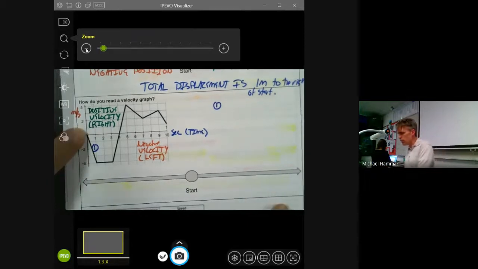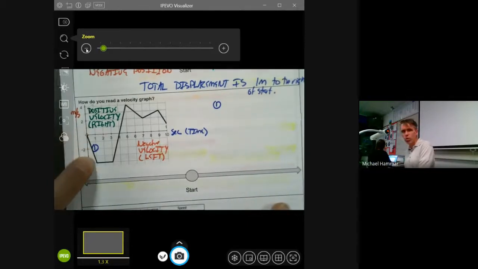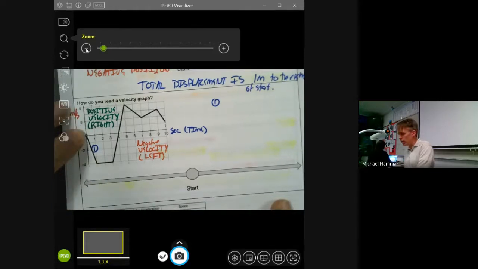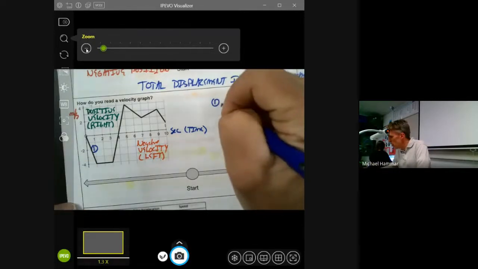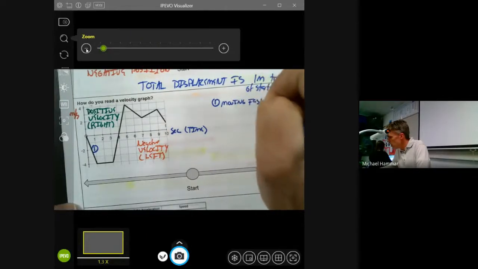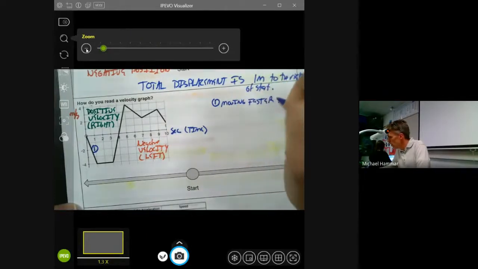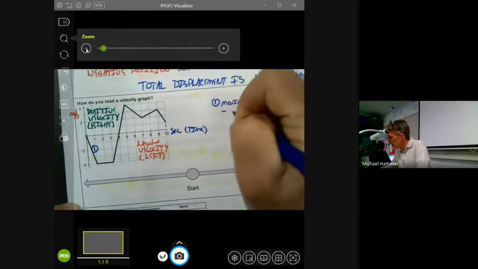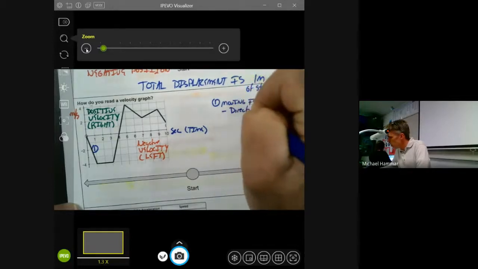Well, notice that the velocity is going down. And notice that the velocity is getting higher. Here we have a zero velocity, and then we end up with a -4 velocity. So we are actually getting faster. So we are moving faster in a negative direction.